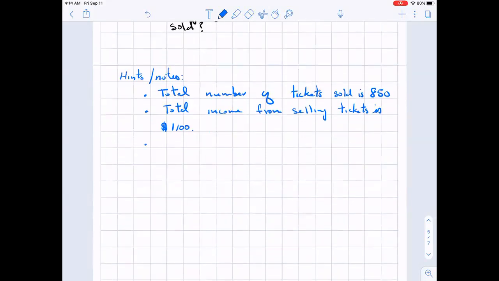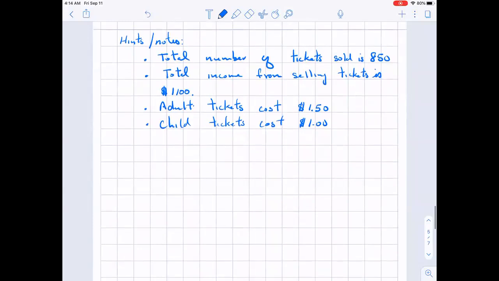We also know that adult tickets cost $1.50. We also know that children tickets cost $1. We do not know how many of each type of ticket were sold.